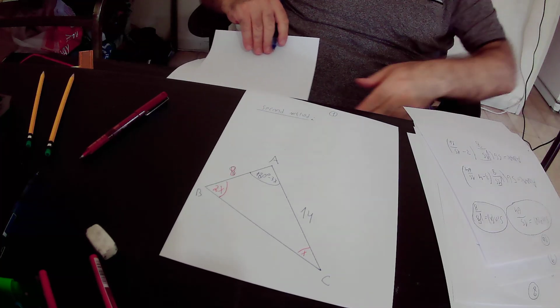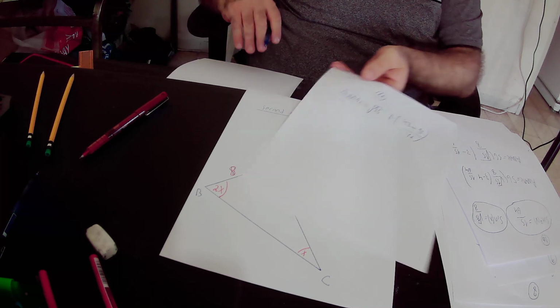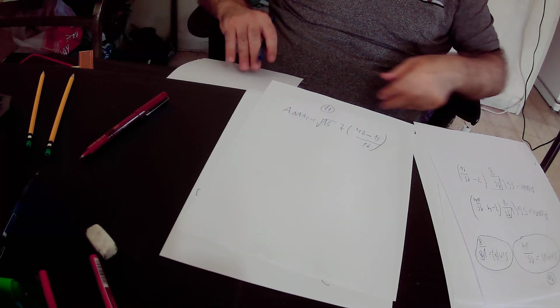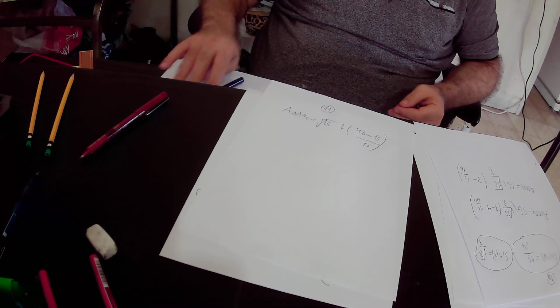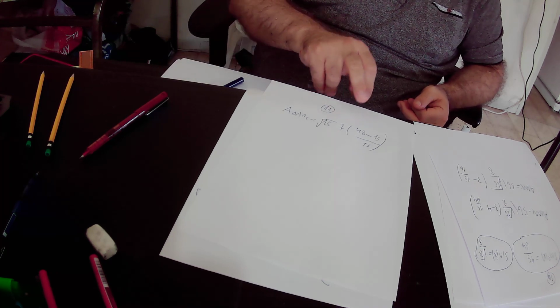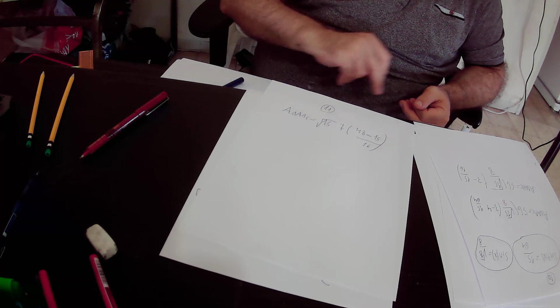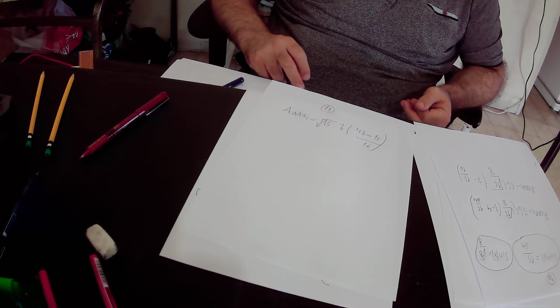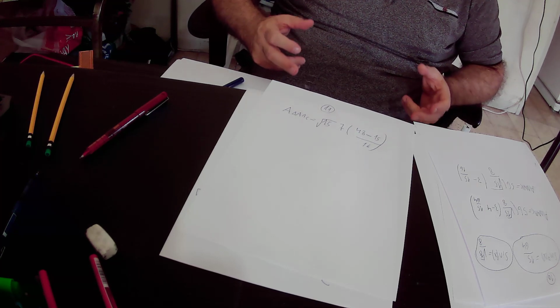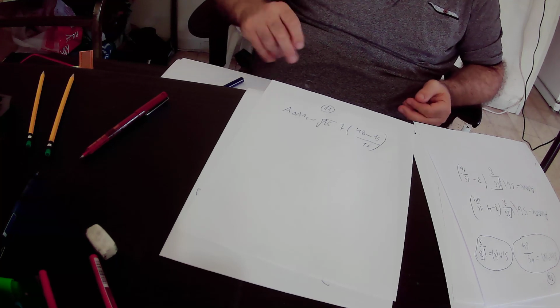So in total we got that the area of triangle ABC equals root 15 times 7, times 48 minus 15 over 16. 48 minus 15 is 33.